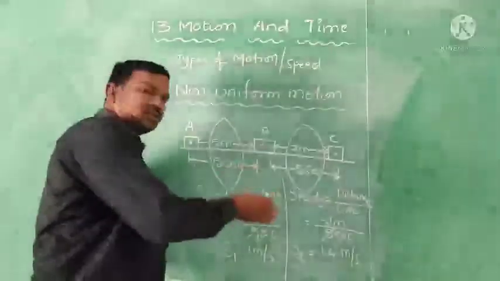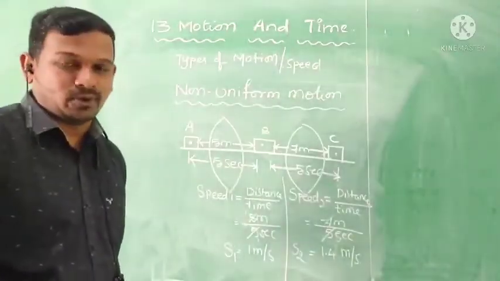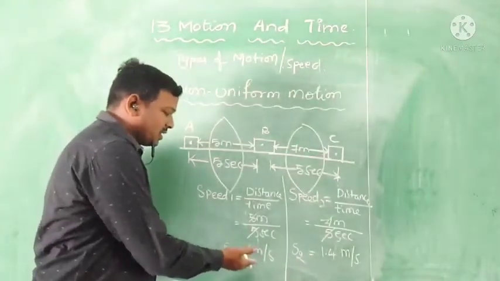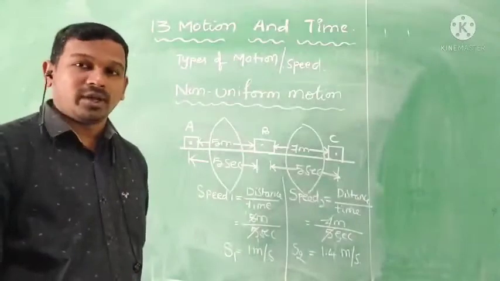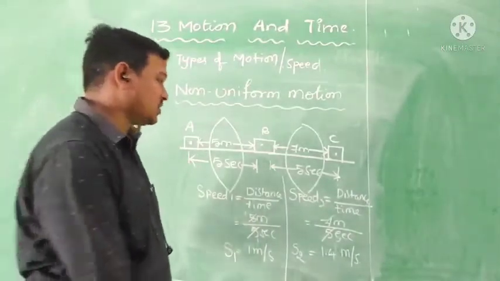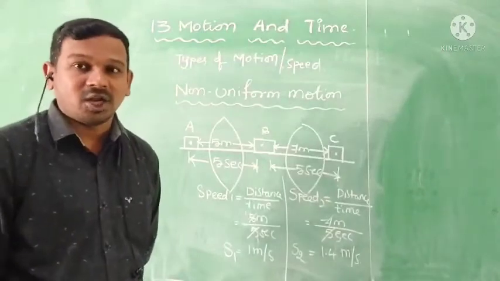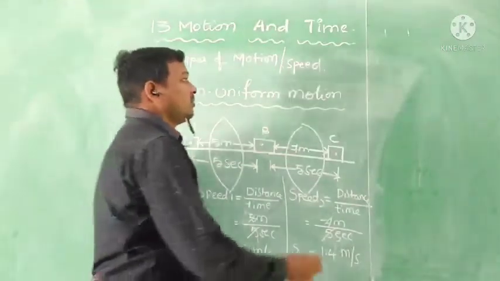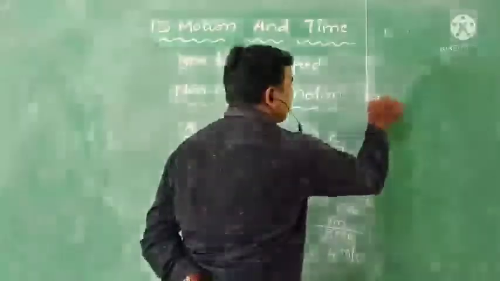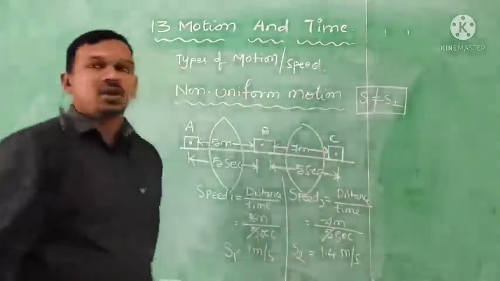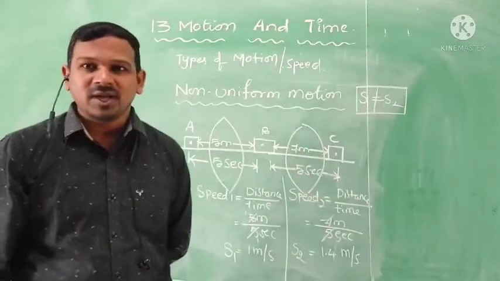Are the situations maintaining the same speed? No, they are not maintaining the same speed. In situation 1 it is going with 1 meter per second. In situation 2 it is going with 1.4 meter per second. They are not equal. So we can write the equation S1 is not equal to S2. What is the non-uniform definition here?